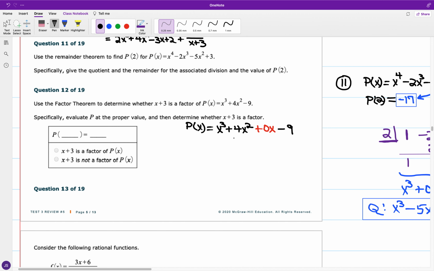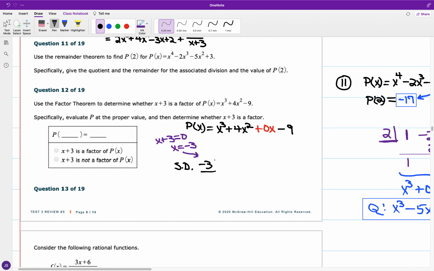So I'm going to use 0 for placeholder purposes. And in the case of x plus 3, now remember, if x plus 3 is equal to 0, we have that x is equal to negative 3. And we have in terms of synthetic division, so just setting things up along these lines here.